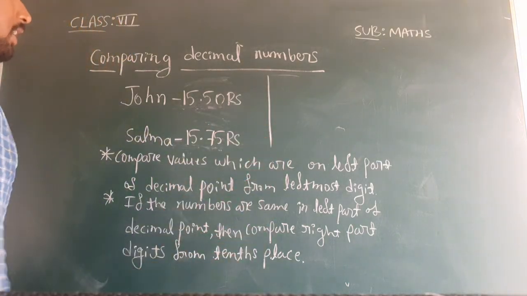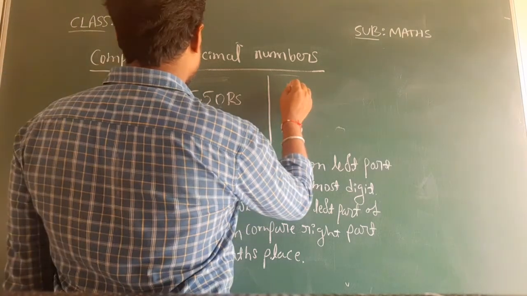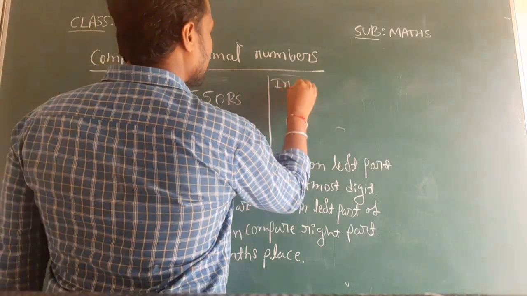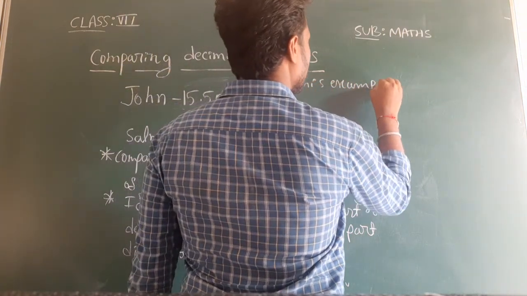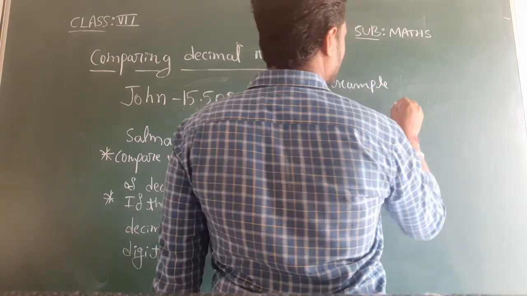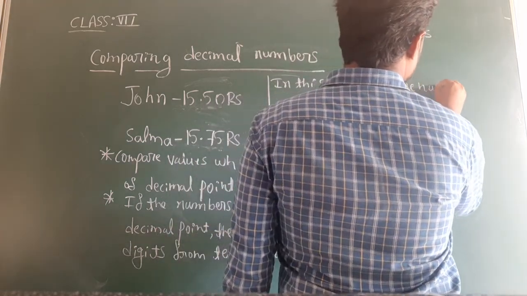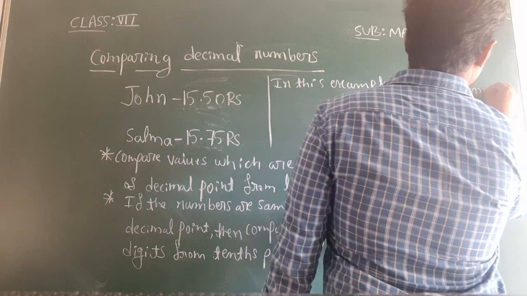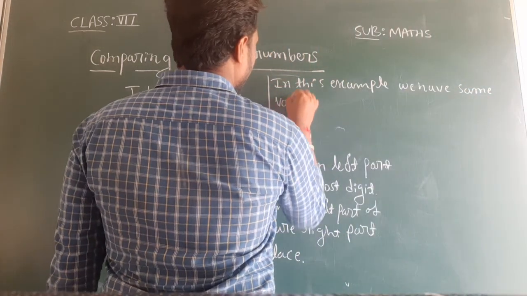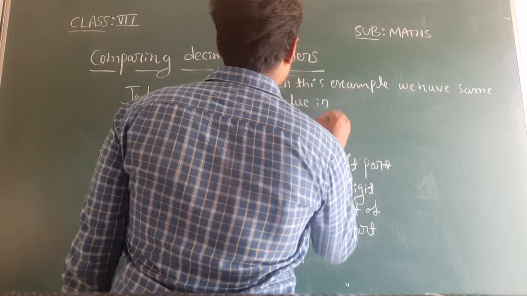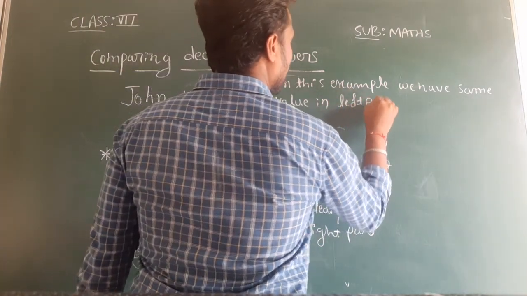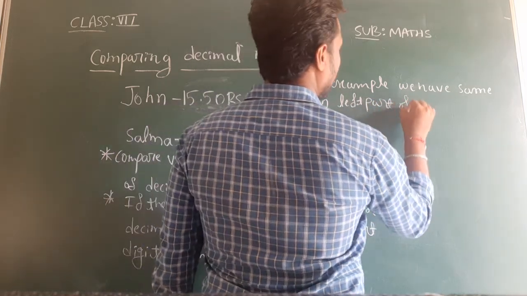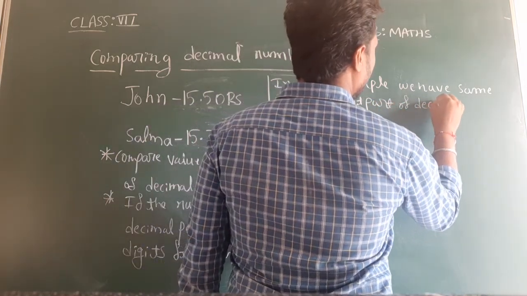So write these two sentences below this example, and below these two sentences write: in this example we have the same value in the left part of the decimal point.